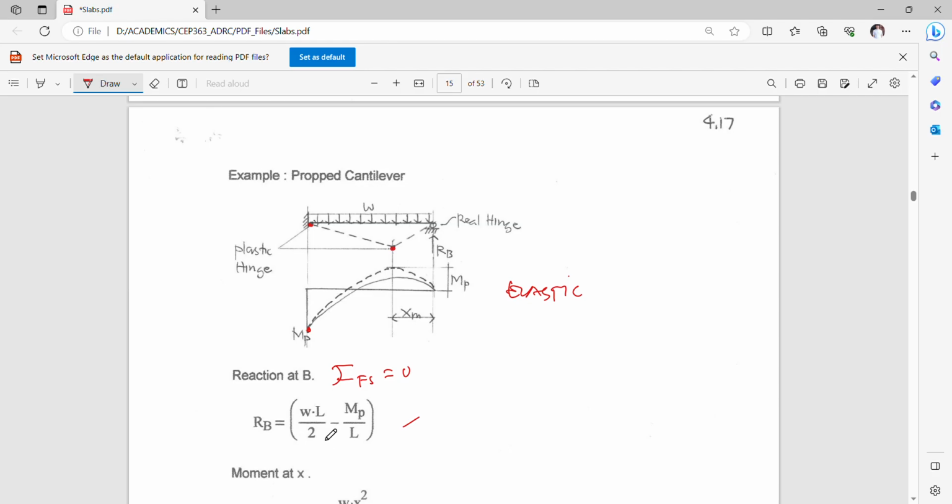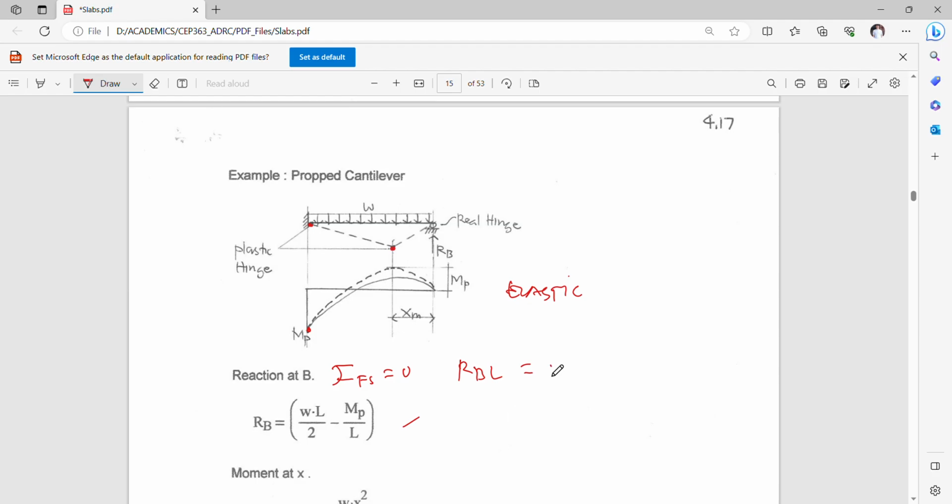You simply cancel out your L there. It becomes WL over 2. Okay, so let me show you the detail of this. So it's simply equivalent to RB times L is equal to, of course, you have here a counterclockwise moment. So if this is again a counterclockwise moment, this will be negative.